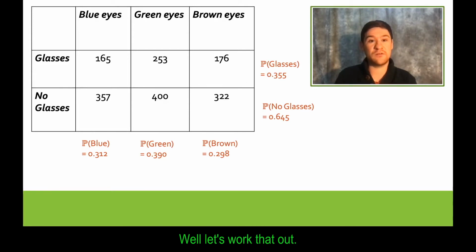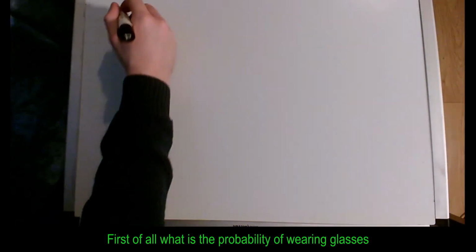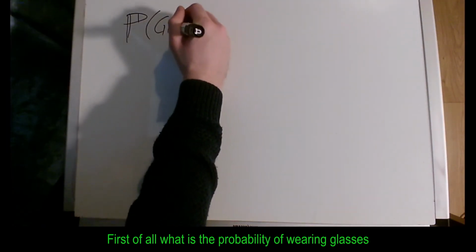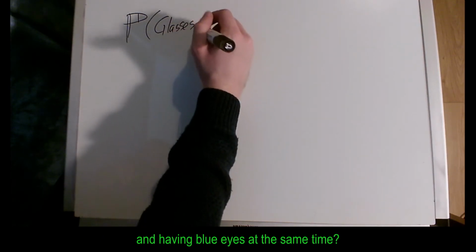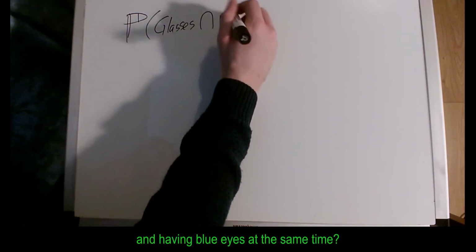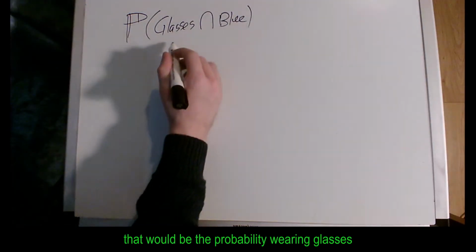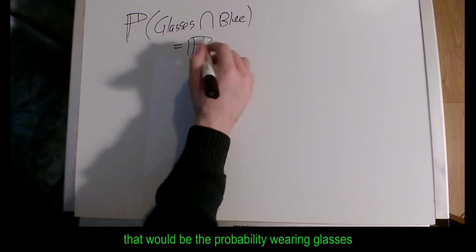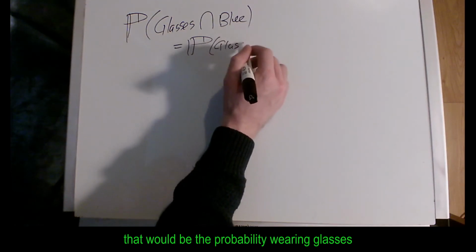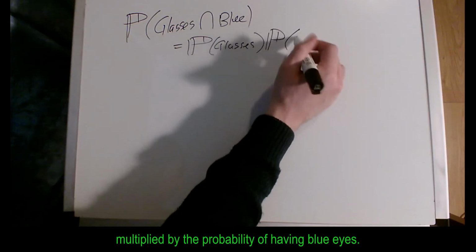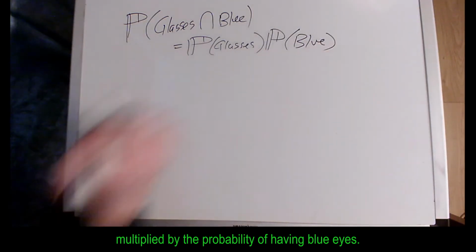Well, let's work that out. First of all, what is the probability of wearing glasses and having blue eyes at the same time? Now, if these are independent, that would be the probability of wearing glasses multiplied by the probability of having blue eyes.